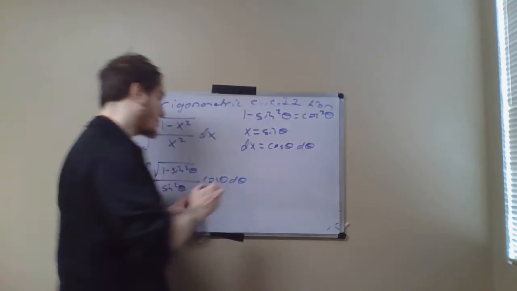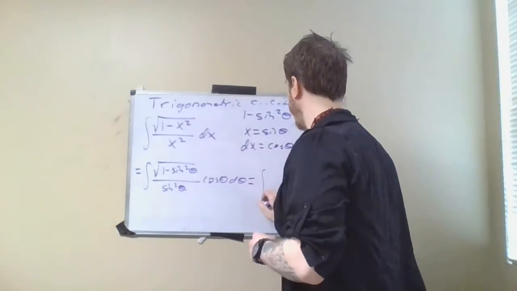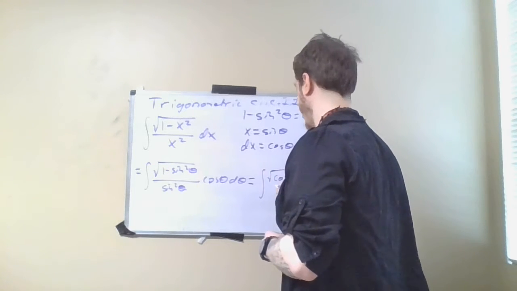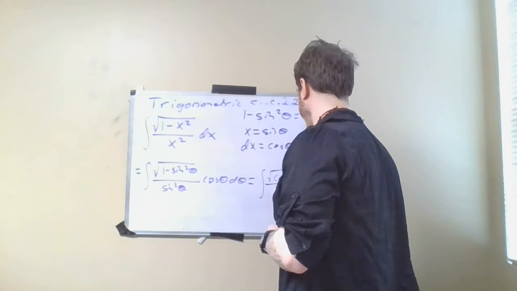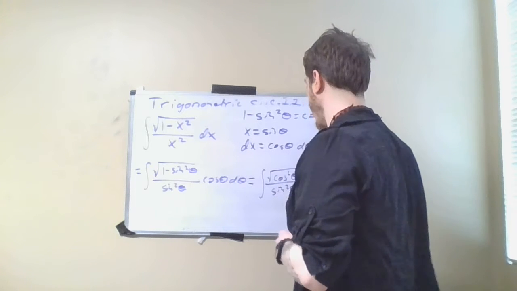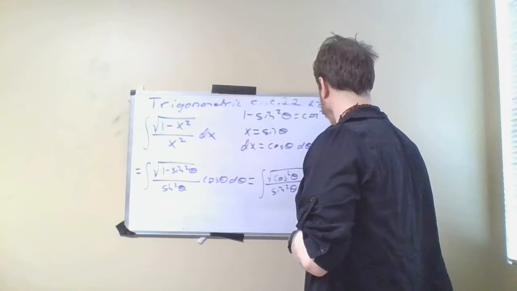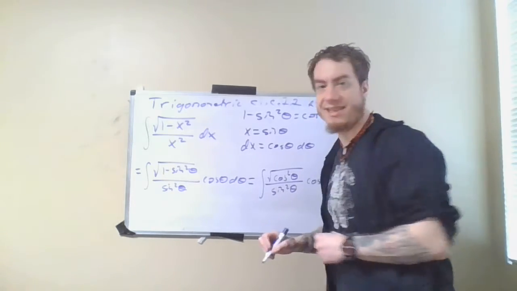So let's watch what happens now, because this turns into the integral of cosine squared theta divided by sine squared theta times cosine theta d theta.